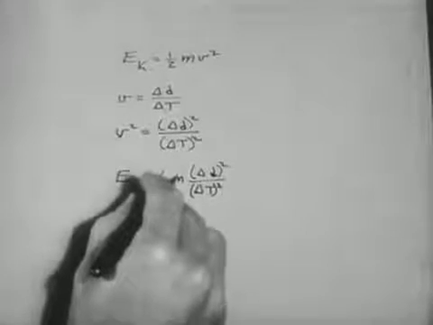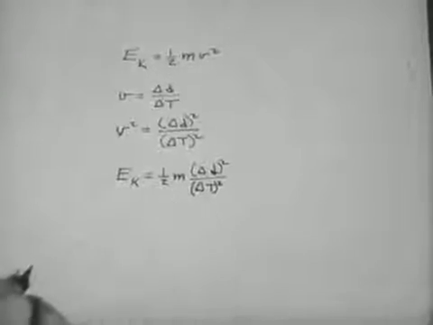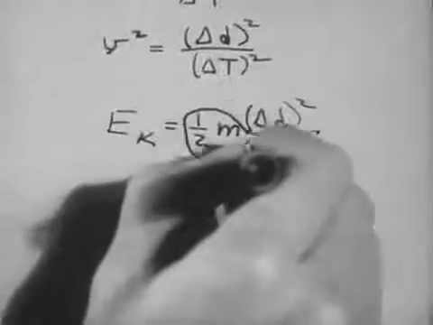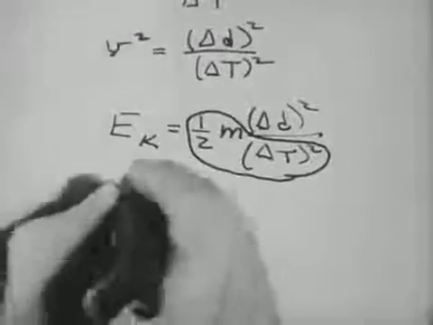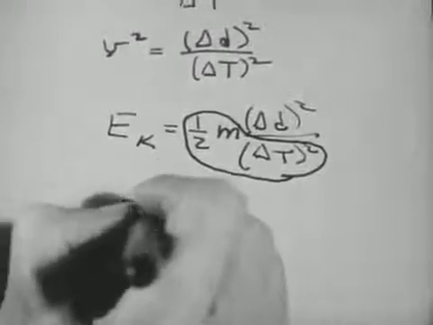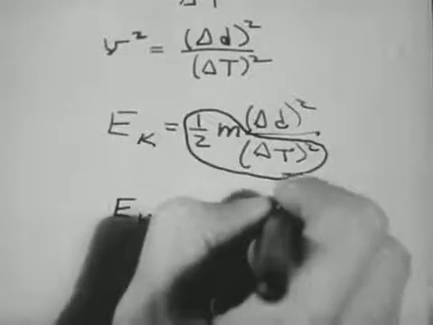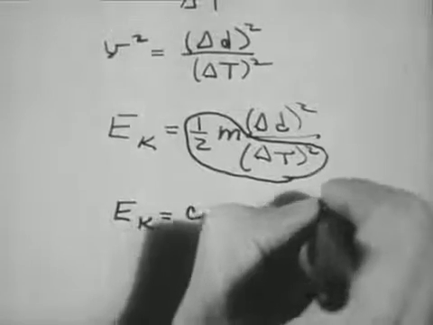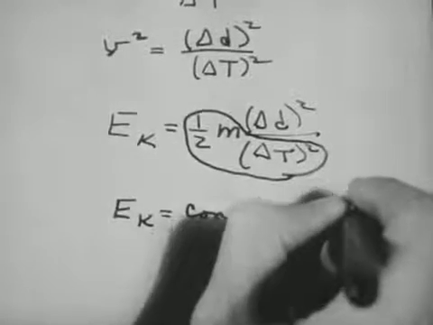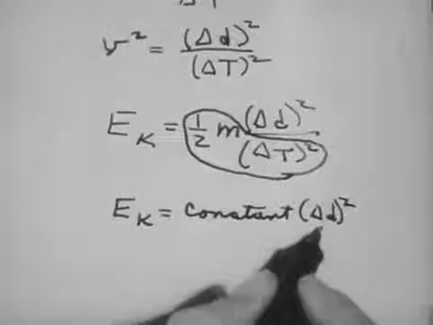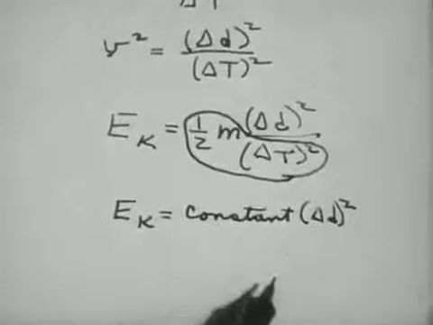The mass and the time interval is constant throughout the collision. So all of this is a constant. And we can write the kinetic energy, EK, is equal to a constant times delta D squared. Delta D is just what we have obtained from the photograph.